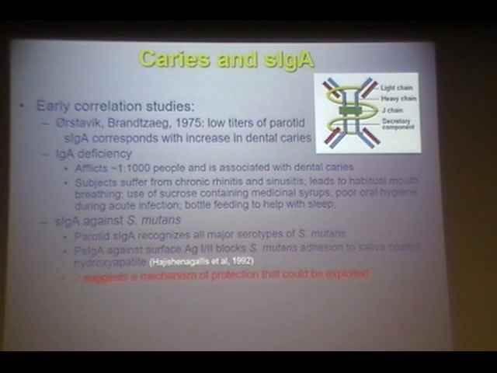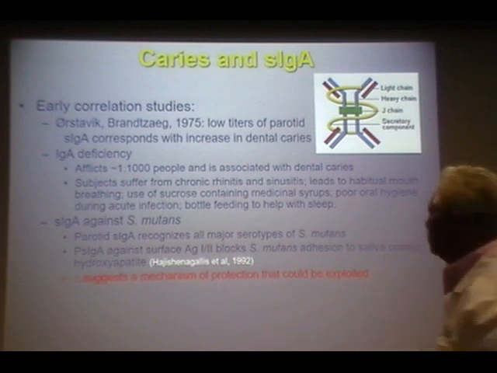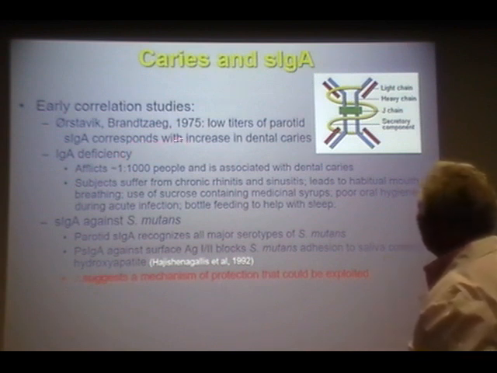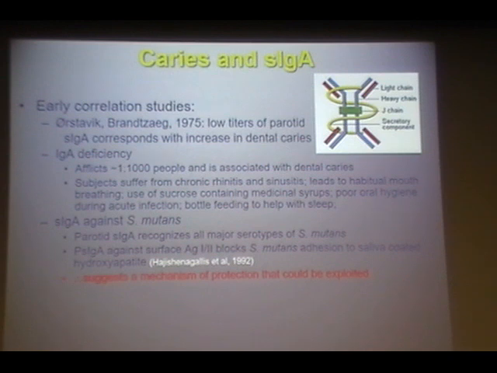All right, I always like to talk about the history of stuff and how they came to realize the importance of this molecule. This group, in 1975, showed that low titers of parotid salivary gland produced secretory IgA corresponds to an increase in dental caries.